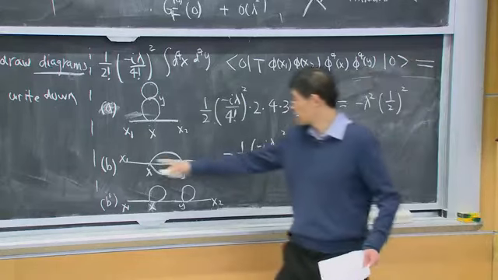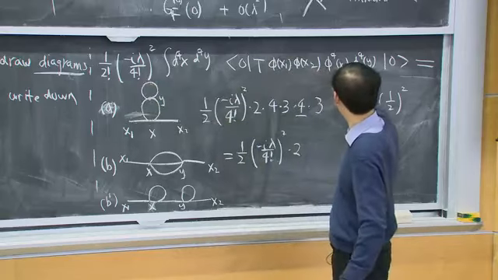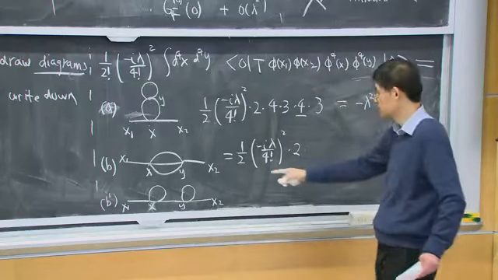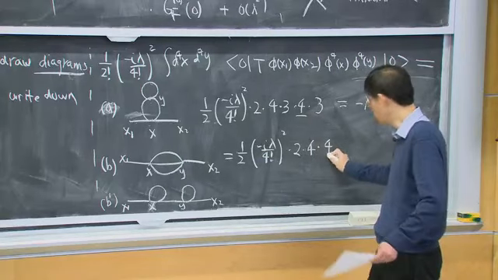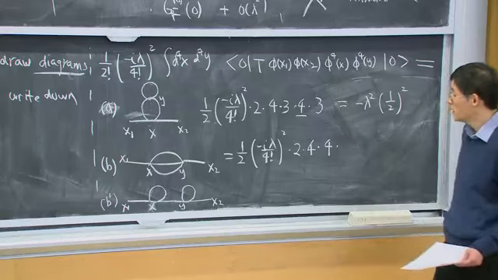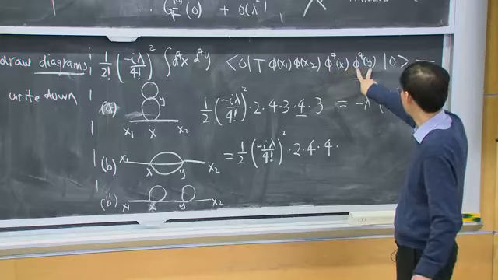And then x1 has 4 opportunities to connect with the 4 of x, and x2 has 4 possibilities to connect to the 4 of y, because x2 connects with y. So I have 2 factors, 4 and 4. Okay, and so after that, phi x has 3 left, and phi y has 3 left.